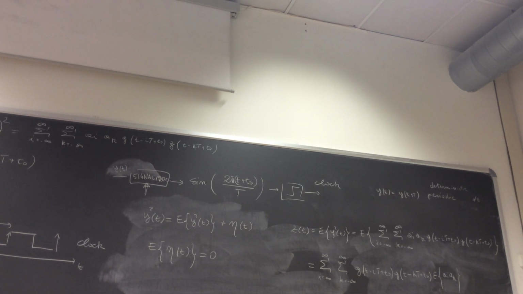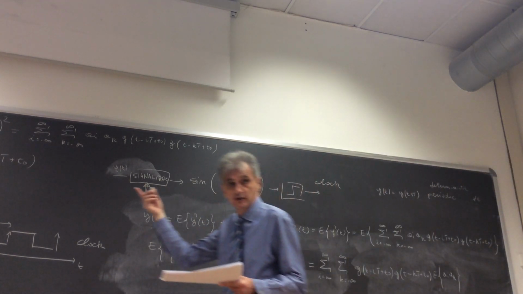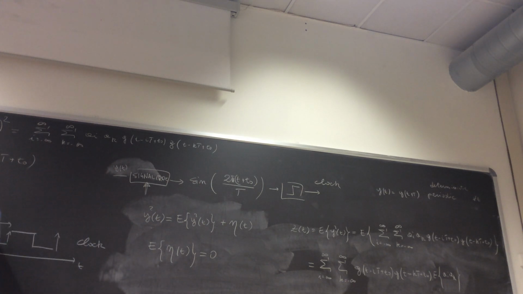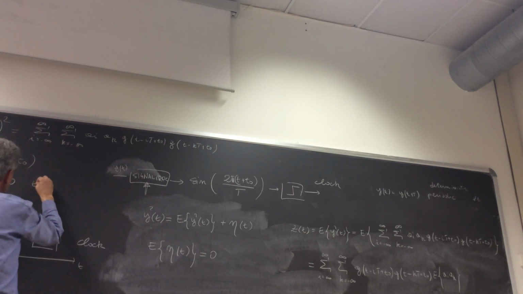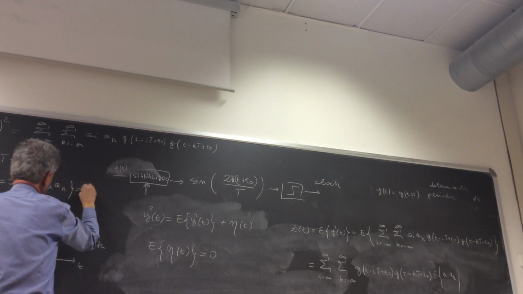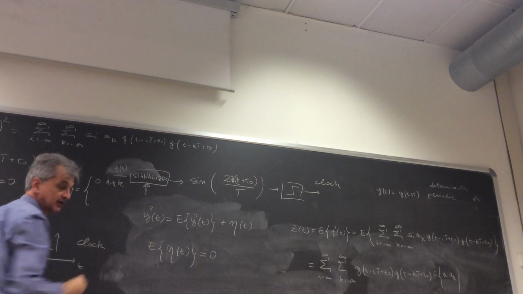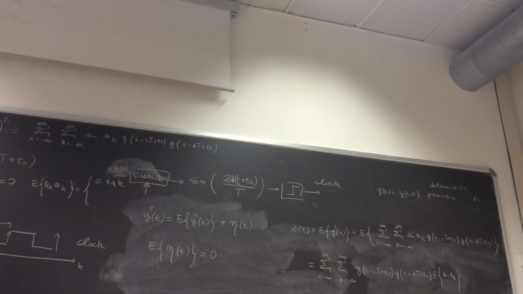Now we must make some assumption about the symbol sequence, a statistical assumption, and substitute our assumption in place of the expectation. What do we assume usually with the symbol sequence? Well, we assume that the expectation of a_i is 0, and that the expectation of a_i a_k is 0 for i that is not k, that is, they are uncorrelated.